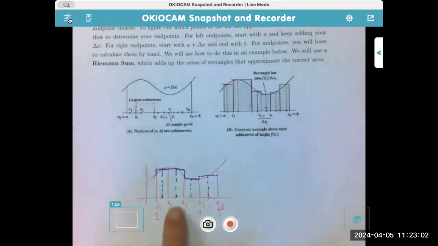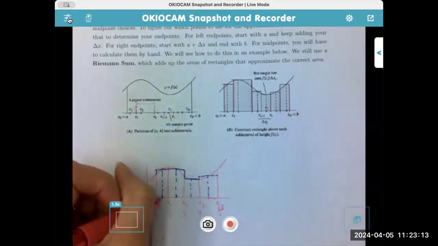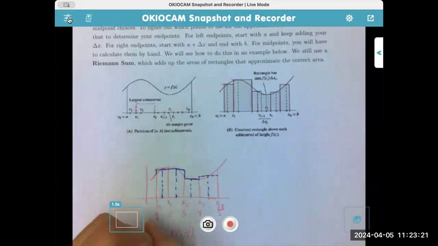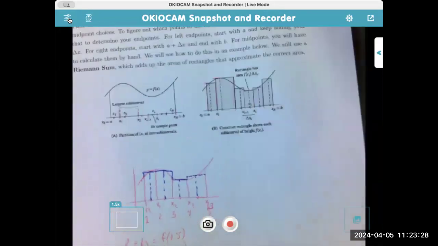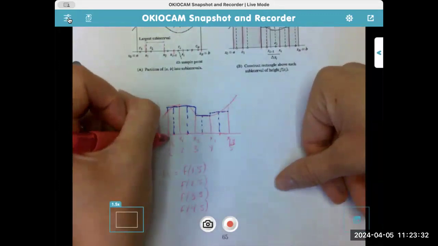Okay, so here are my rectangles. Here are my midpoints. So that means that the height, or length if you would, we would want, if this is 1, 2, 3, 4, 5, f of 1.5, f of 2.5, f of 3.5, and f of 4.5. Oh, make sure I'm on the screen. I am not. You're literally just in the middle of your rectangle.